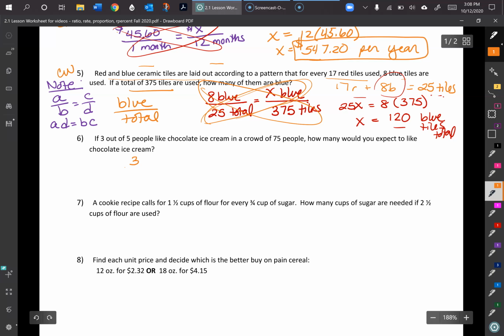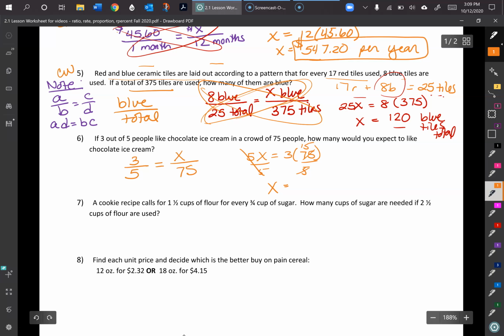So if we know 3 of 5 compared to x over 75, that's going to be our proportion, and we would have 5x equals 3 times 75, divided by 5 on both sides. You could use a calculator for this if you want, but 5 into 75 would be 15.